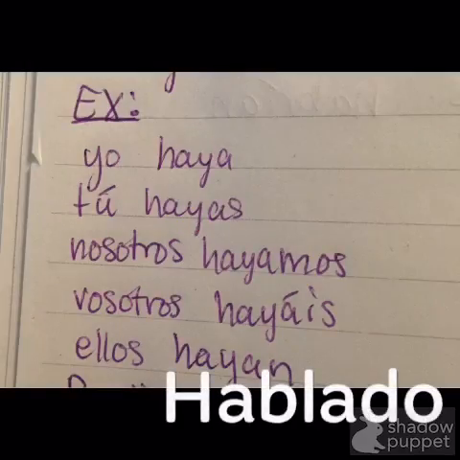Okay, so here's an example of how you would conjugate the verb hablar in the subjunctive preterite perfect tense. With each of these, you would simply add hablado to the end, and depending on the subject of your sentence, you would use whichever one of these that you need.